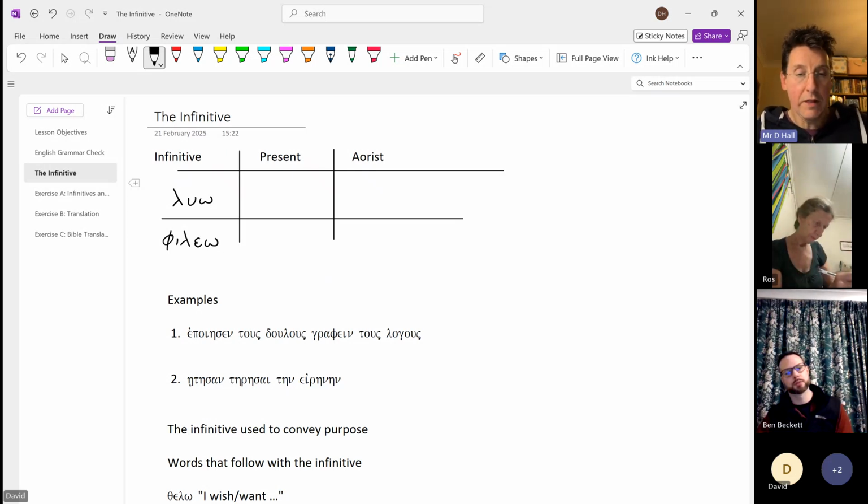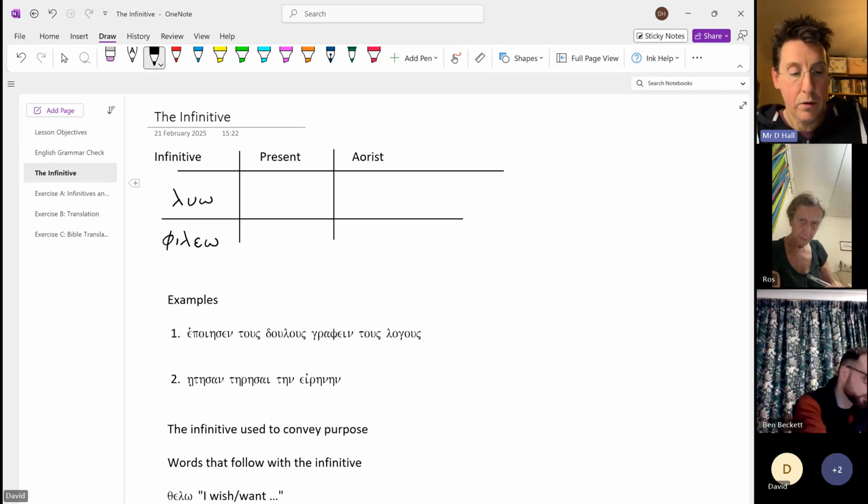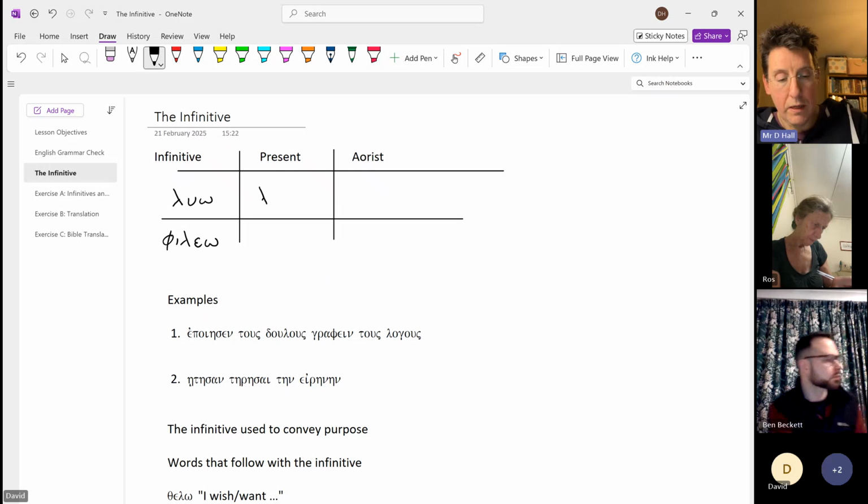So you'll be pleased to know that there are not many forms here. The infinitive is fairly straightforward. It does come in its present form, and it comes in the aorist form, like the imperative did. So if you take luo, meaning to untie, then the present infinitive is going to be spotted by luein.